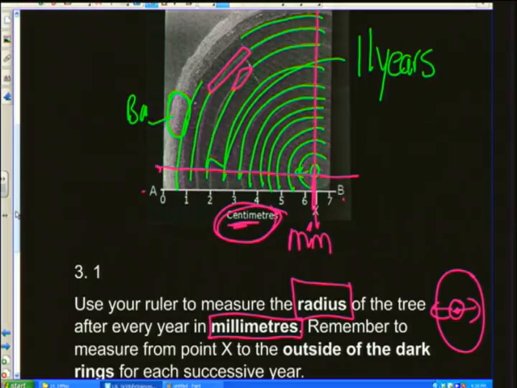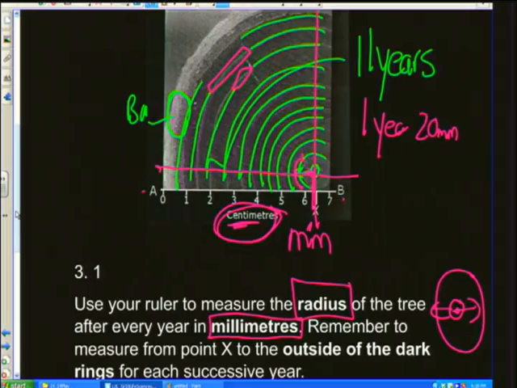I'm just going to make up ones. So our first one, year 1, you would measure from here, from X to here. That would be 1. So I would say 20 millimeters.